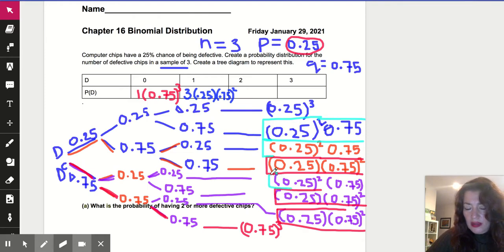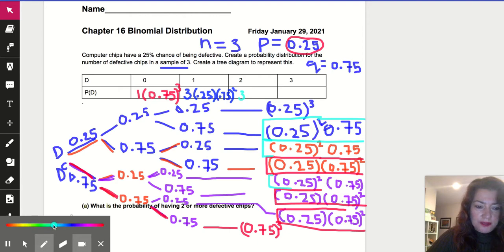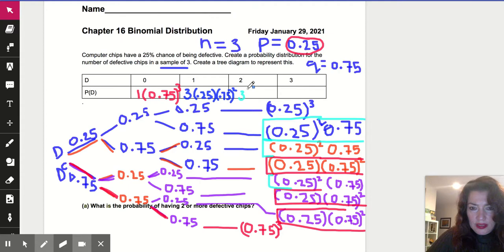So again, there are 3 ways that can happen. So I'm going to write 3. Let me change the color here. Times, in this case, 0.25 squared, times 0.75. So that means there are 2 defective and 1 non-defective.